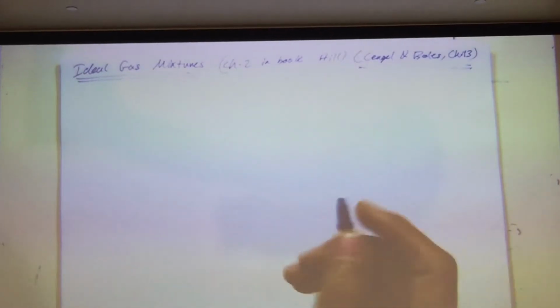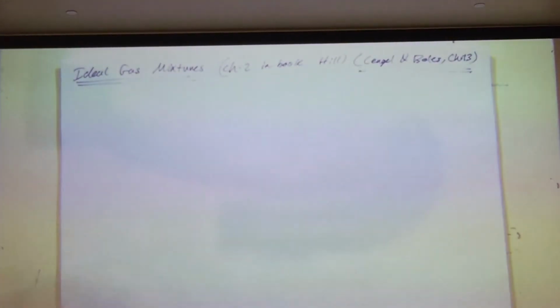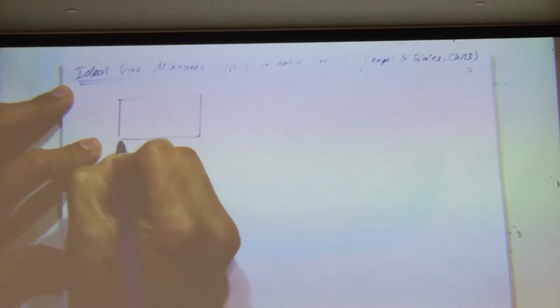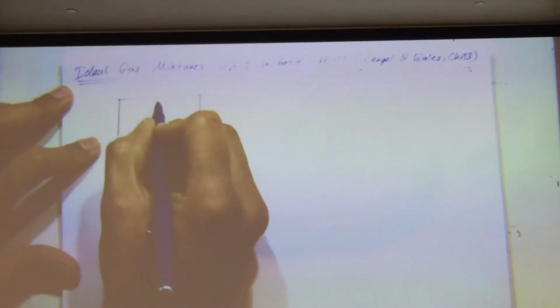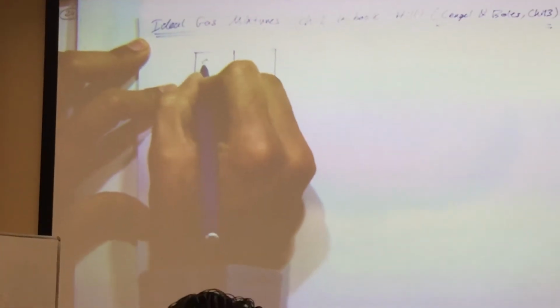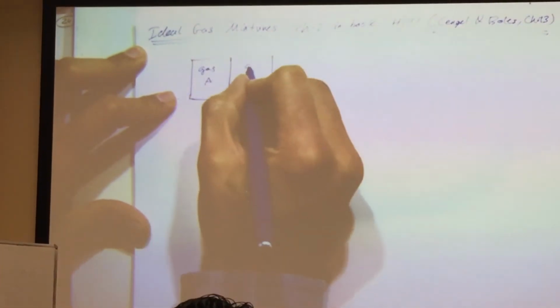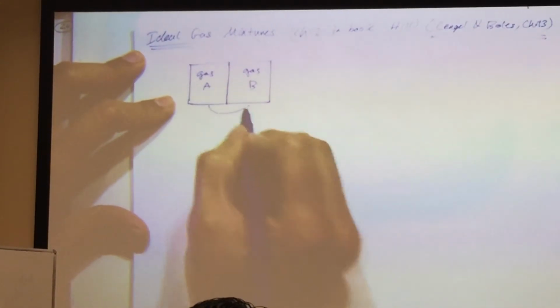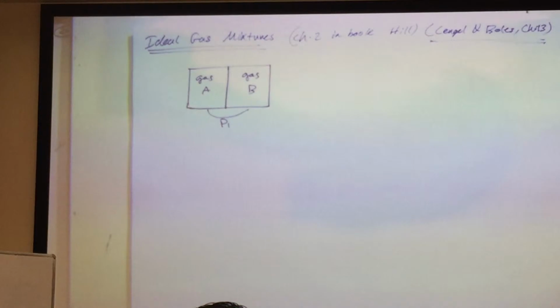All right, very good. So let's take that assumption where we have some container of some sort, where I have a barrier right here. You must have seen this in thermo. And you had gas A and gas B. So no moving fluids at all. The pressures are equal, P1.